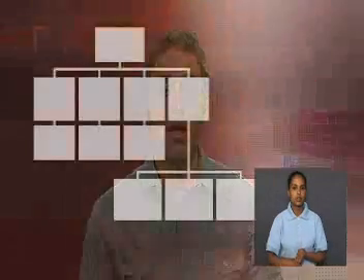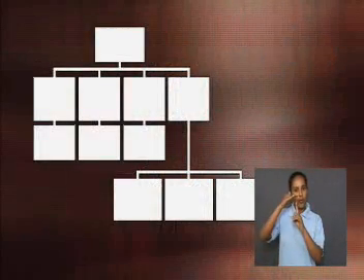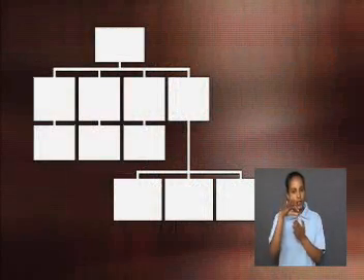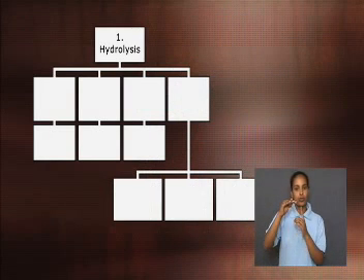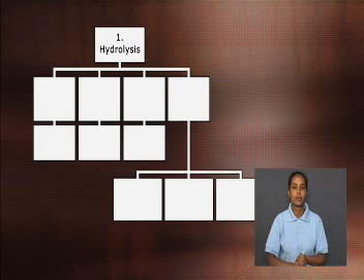Students, as a summary of everything we have learned about the hydrolysis of salts, let us work together to create a concept map. At the very top of this map, we place the word hydrolysis, as this is the topic of our concept map.